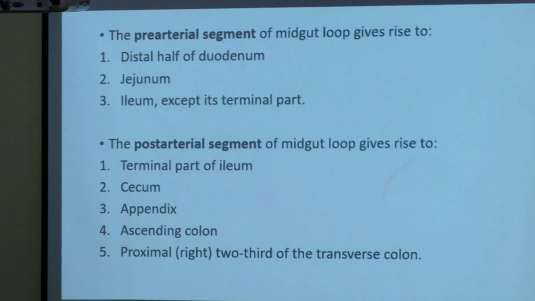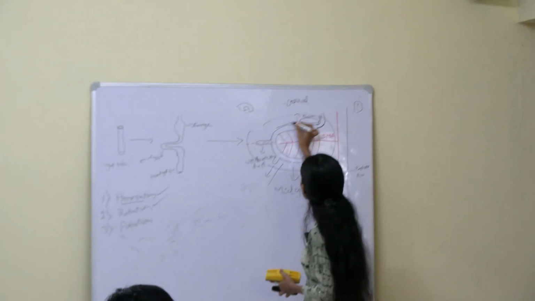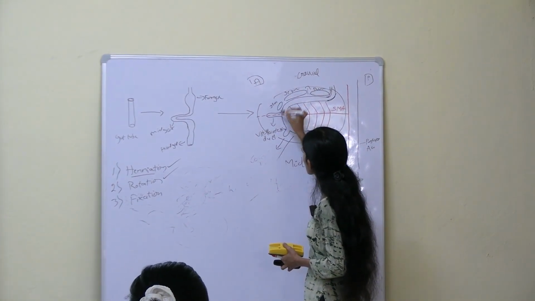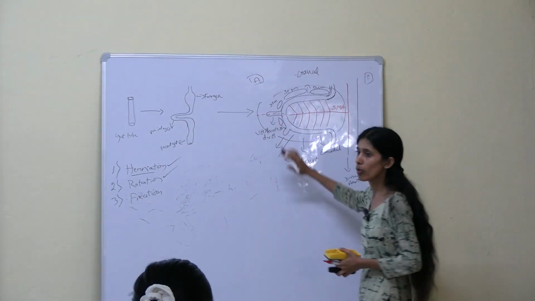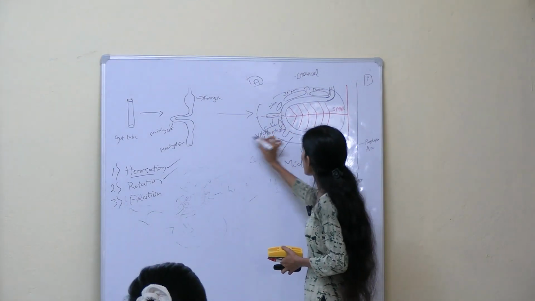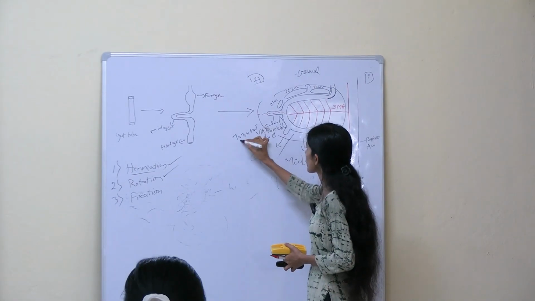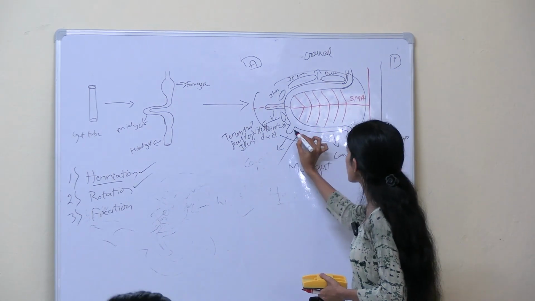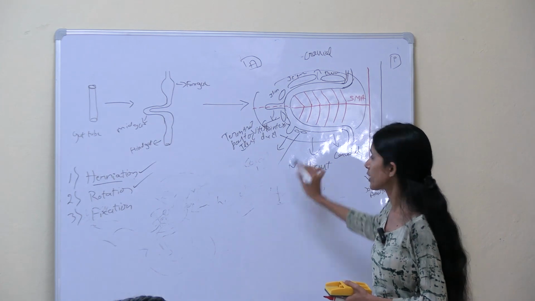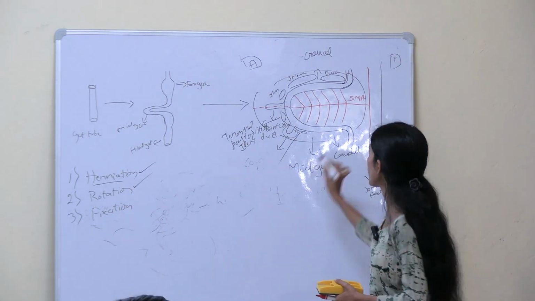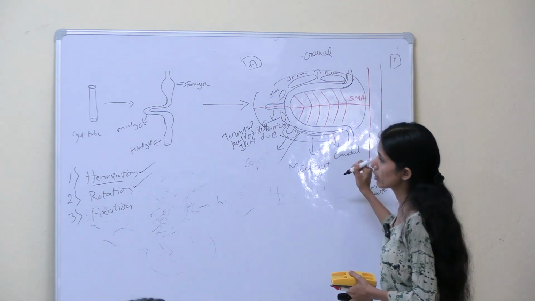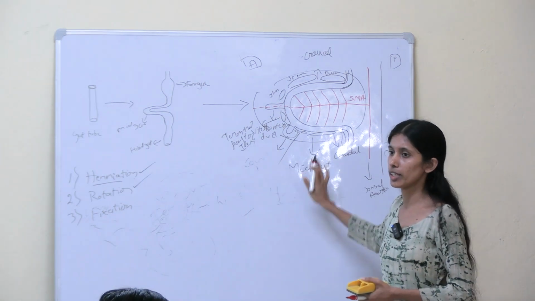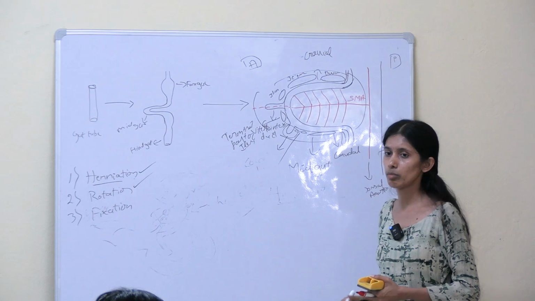So here we can see the duodenum followed by jejunum and ileum. Again here, in the post-arterial segment, we have the terminal part of the ileum. Next we have the cecum and appendix. I will write it close to your cecal bud, and then we have the ascending colon followed by the transverse colon. This is how the derivatives will develop from your midgut loop.